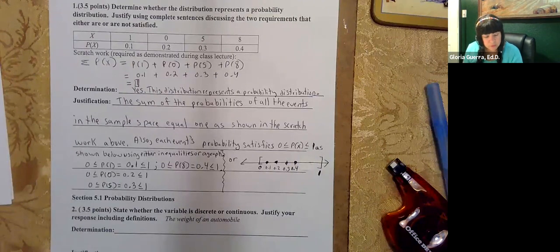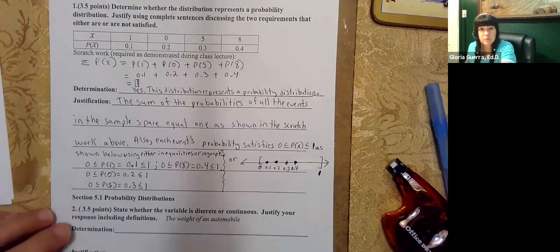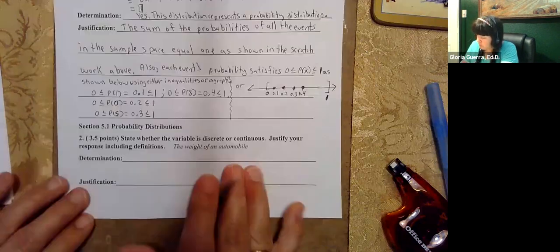Okay, now on the next one, it says, state whether the variable is discrete or continuous. Justify your response, including the definition. So here it says the weight of an automobile, okay? So this variable happens to be continuous.